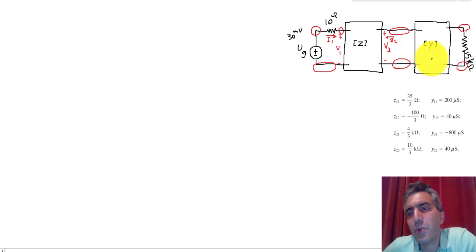But then since we have two systems, for the second one I can't use the same V1 and V2, so I can use V1 prime and V2 prime. And for the currents I'm going to do the same, I1 prime and I2 prime.